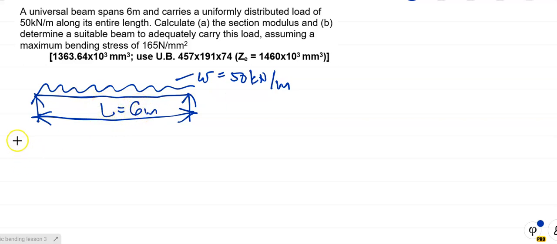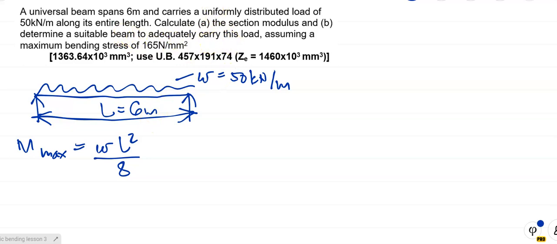Maximum bending moment at center for a simply supported beam is WL squared over 8. Okay, if you don't remember that, you'll have to work it out. You'll have to take moments, find reactions and all of that, but if you remember it, it's a lot quicker. Okay, so there's the UDL, there's the span, carries uniform.